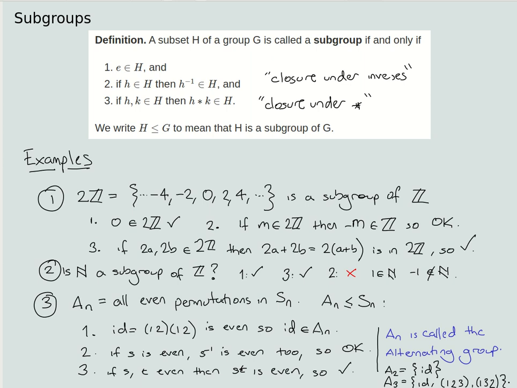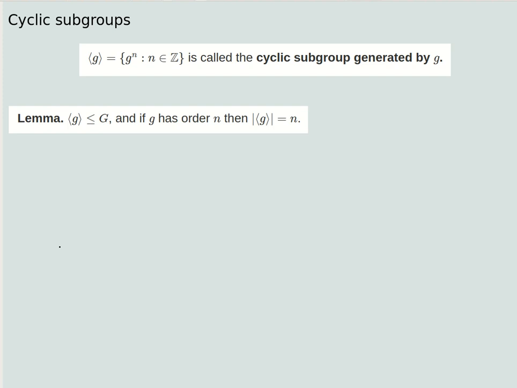So the even cycles are the cycles which have a length which is odd. So here in S3, the only even permutations are the identity together with those 3-cycles. Okay, if you want to see some more examples of subgroups, you should look at section 4.5 in the online notes.